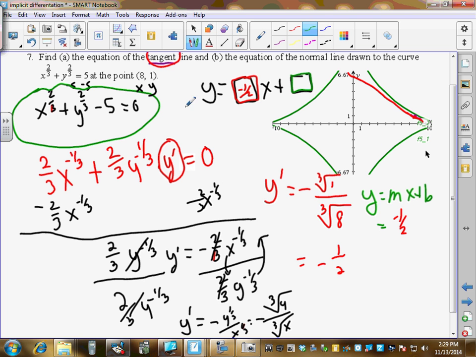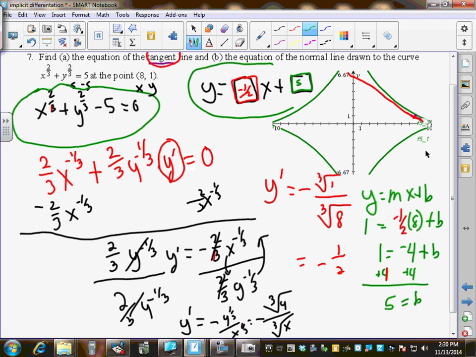We also know that x is 8 and y is 1. We have negative 1/2 times 8, which is negative 4. We add 4, and we get b = 5. So the equation of the tangent line is y = -1/2 x + 5.